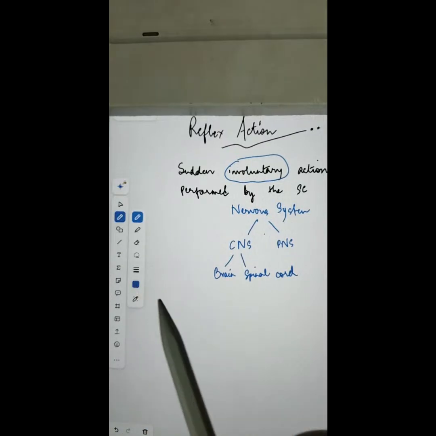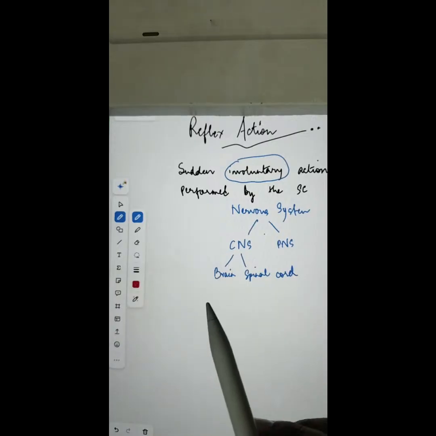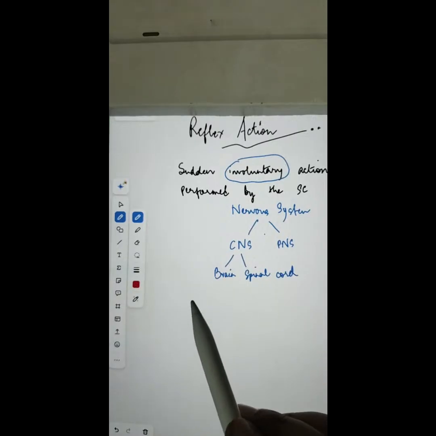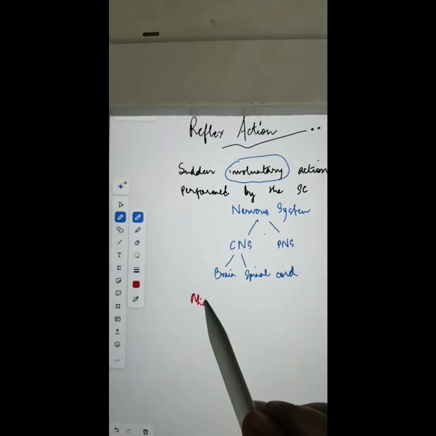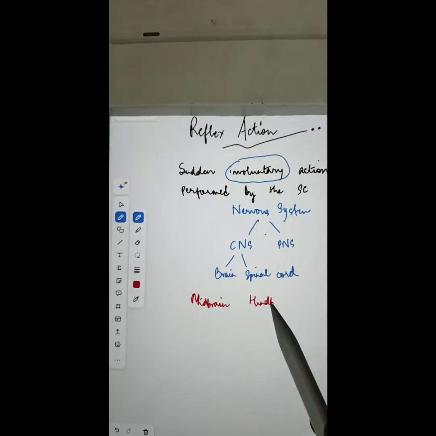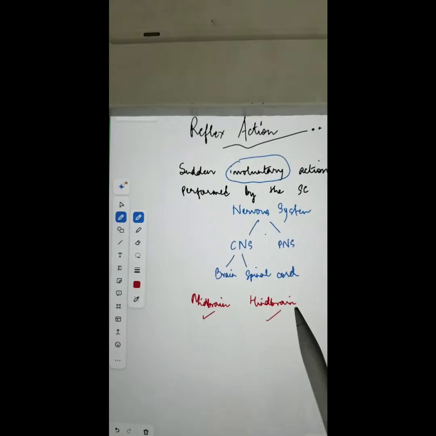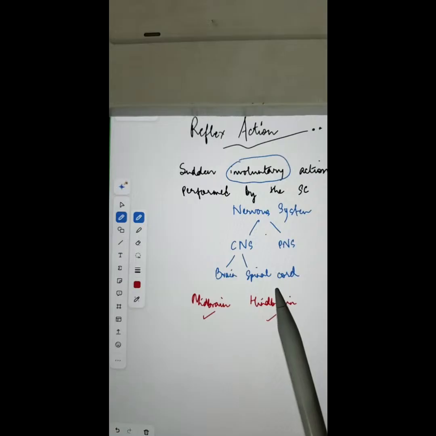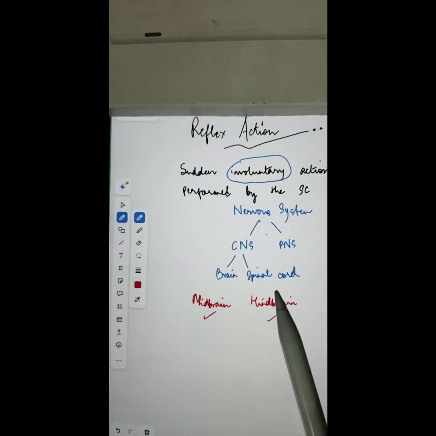Now, for Olympiad questions and highly competency based questions, please note down that the midbrain and hindbrain also help in it. Very important thing. In competency based questions, make it a point that along with the spinal cord, the midbrain and hindbrain help, but never the forebrain, because the forebrain is concerned with thinking, memory, intelligence, anything that requires time in processing.